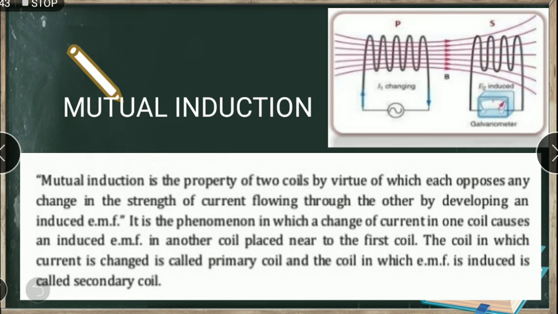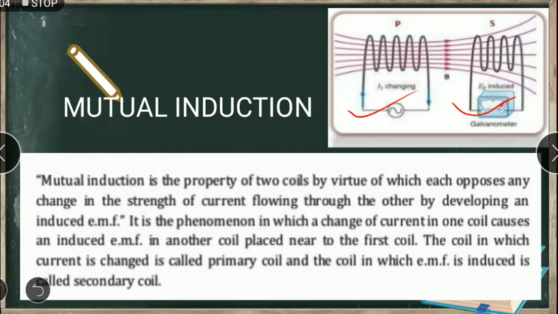Next, mutual induction. In the diagram you can see two coils: P is the primary coil, S means the secondary coil. The magnetic flux passes through the primary coil as well as the secondary coil, linked with both coils.